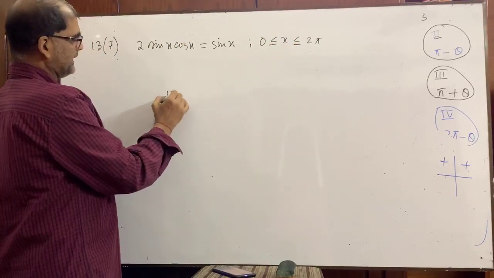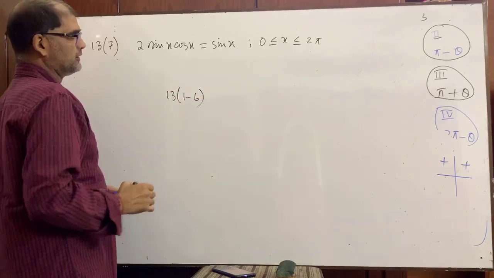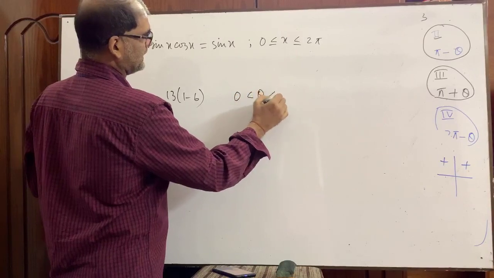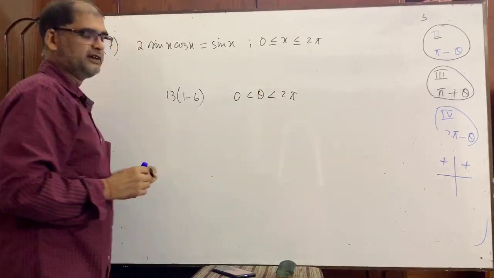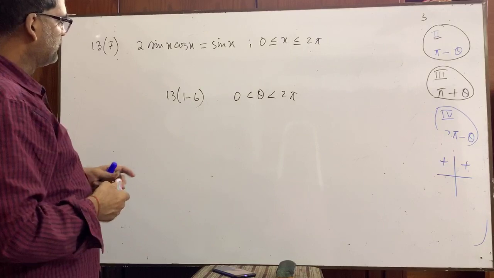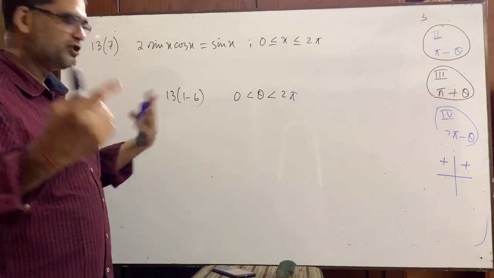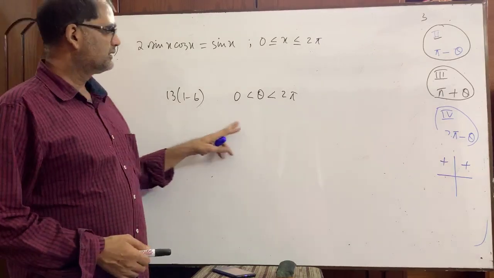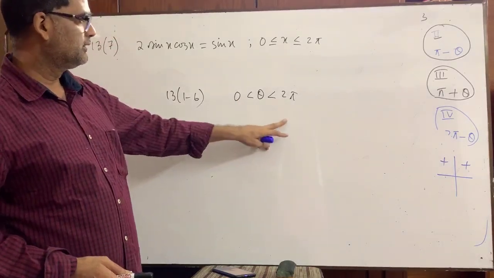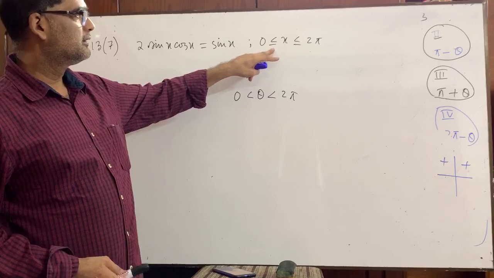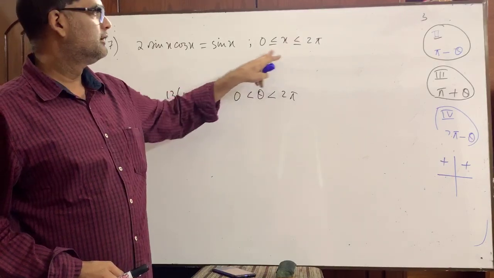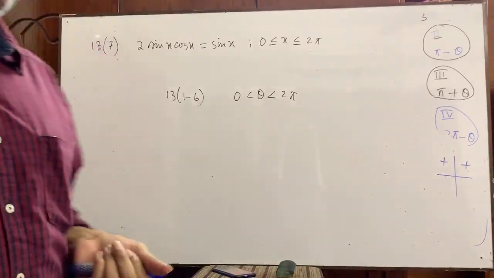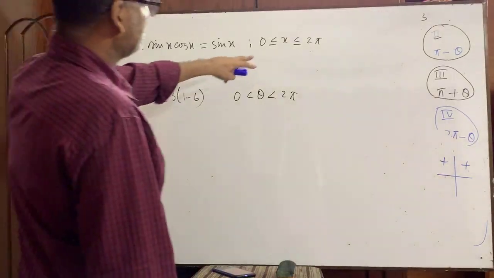From question number 1 to 6, we have 0 less than theta less than 2 pi. Have you seen the difference between question number 7 and questions 1 to 6? In those questions the range was 0 to 2 pi, but here there is an equal sign. Please see the difference. In question number 7 of 13, the equal sign is given.